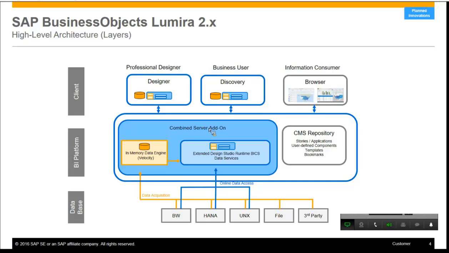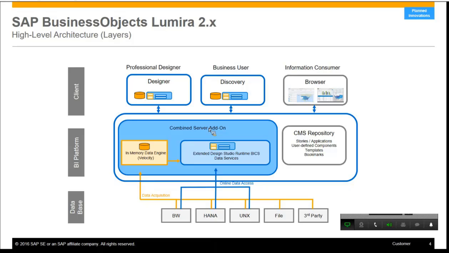Moving on, let me share with you a high-level architecture overview and highlight a few of the important capabilities we plan to deliver with the convergence in Lumira 2.x. As you know, we have a really good offline analysis capability with the use of the in-memory engine, which we also call the velocity engine, in Lumira, and a great online connectivity to BW and HANA via BIX connectivity in Design Studio today.